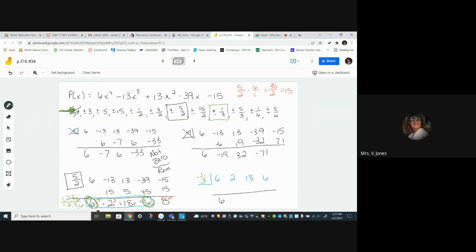So negative 1/3 times 6 is a negative 2. You add, you get 0. Negative 1/3 times 0 is 0. You add. Negative 1/3 times 18 is a negative 6, and we get that. So here's another root.